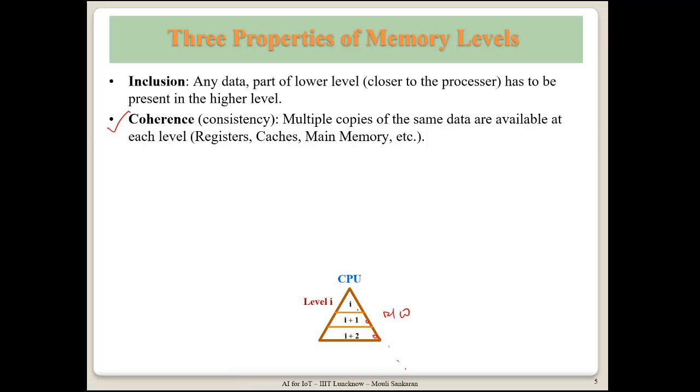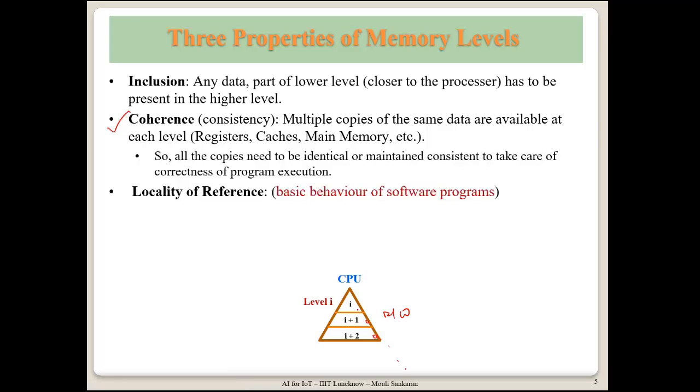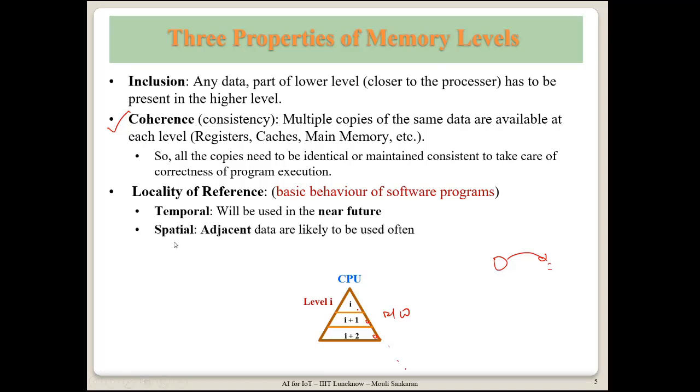We should remember this. And locality of reference: I mentioned temporal locality, which is that what is being accessed right now is likely to be accessed in the near future, both in terms of code, as in a for loop, as well as in array accesses. They fall under temporal locality of reference. Spatial locality of reference is that a piece of code or data which is nearby, placed very close together in memory, is likely to be accessed.